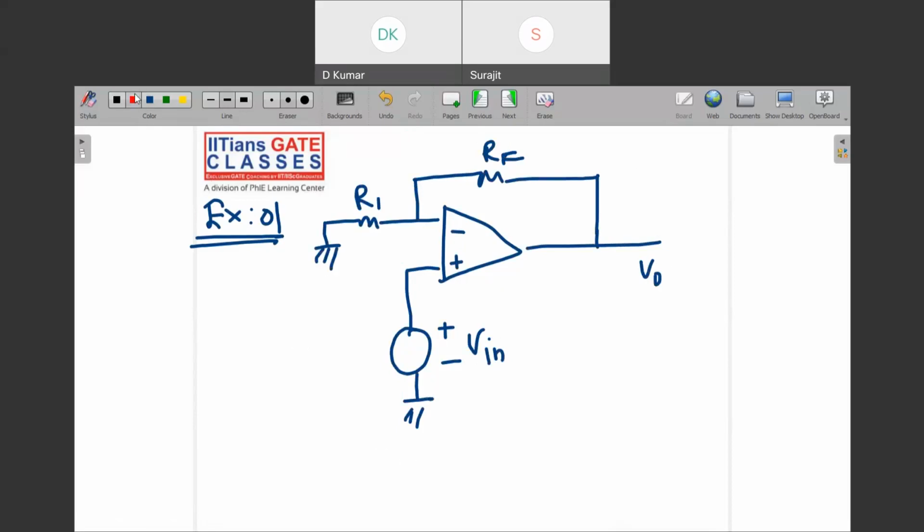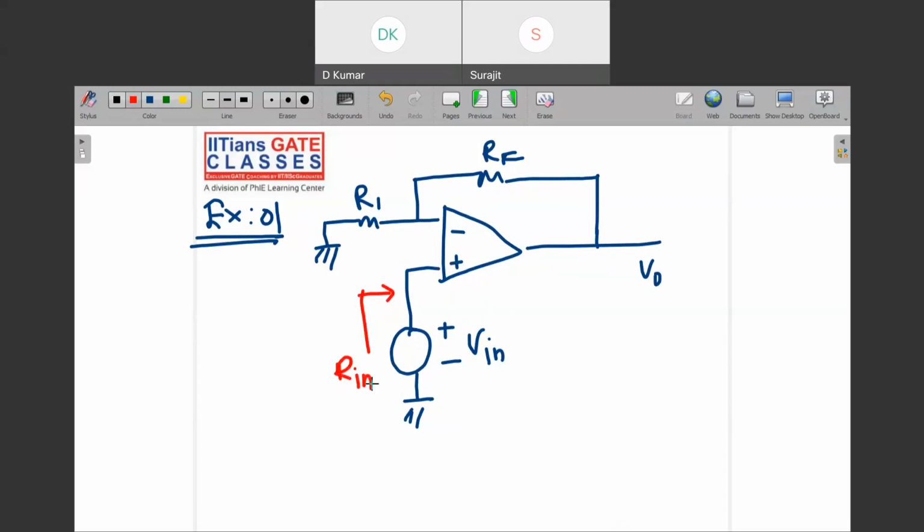Input resistance means from where you have to look back into the amplifier. From which terminal do you have to look? Because the input is applied at the non-inverting terminal, right? So you have to look from here. If you're looking from here, you have to find R in.